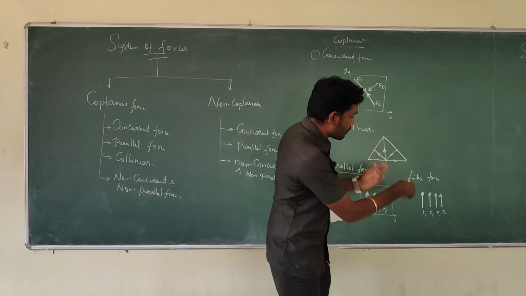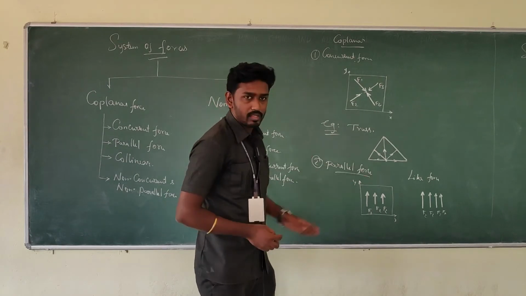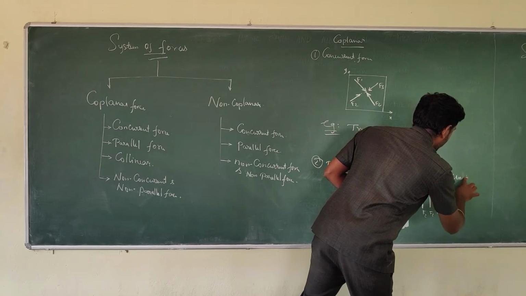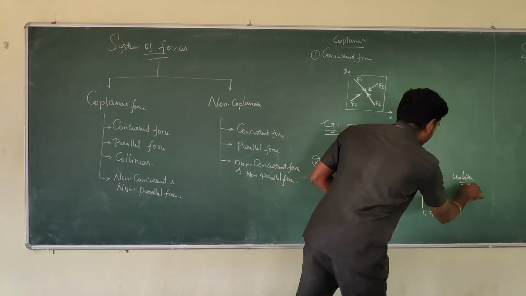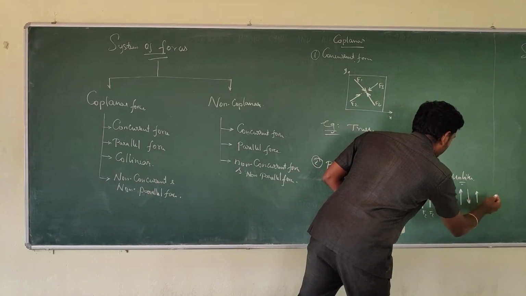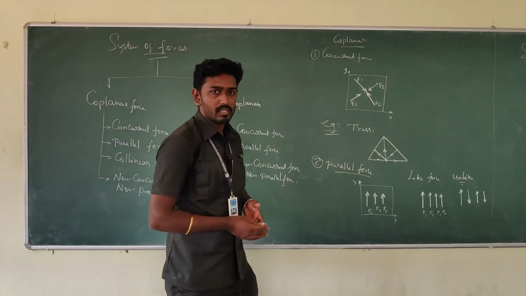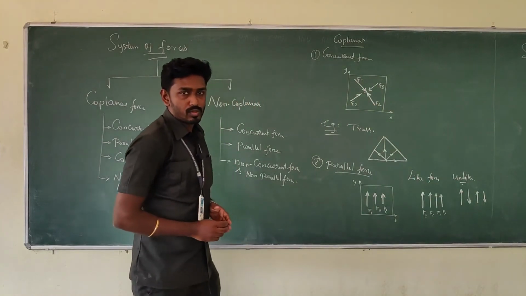All the forces are directed in the same direction, something like this. If it is an unlike parallel force, then the directions of the forces will be irregular, maybe up and down, something like this. This we call unlike parallel force.